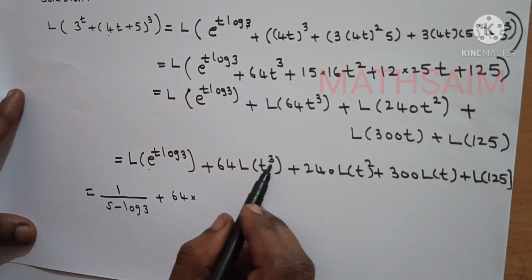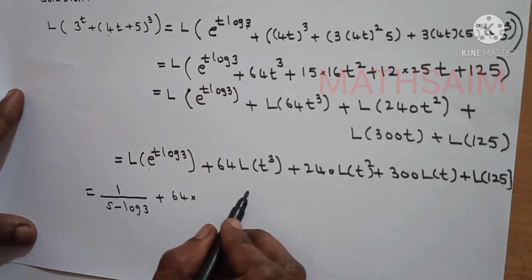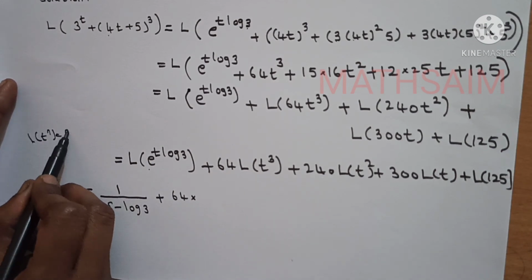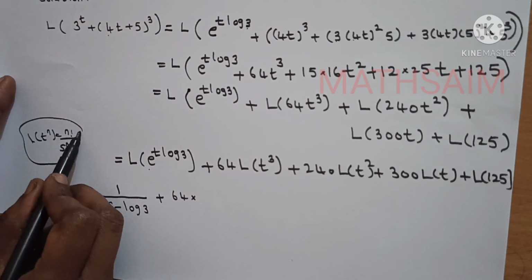Laplace transformation of t power n. What is that? Laplace transformation of t power n is n factorial divided by s power n plus 1. Use this one here.